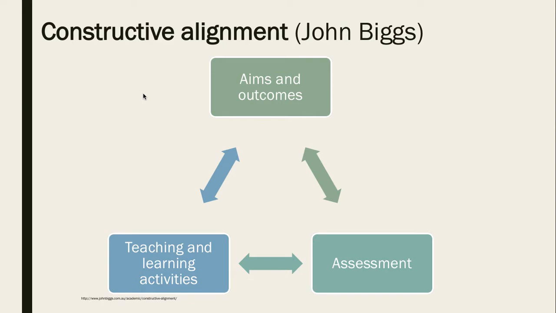Now, this concept builds on the notion that aims and outcomes are related to the assessment, and of course then related to teaching and learning activities. This is a cycle, and it is crucial to follow this cycle when designing lessons and assessments, aims, and outcomes.